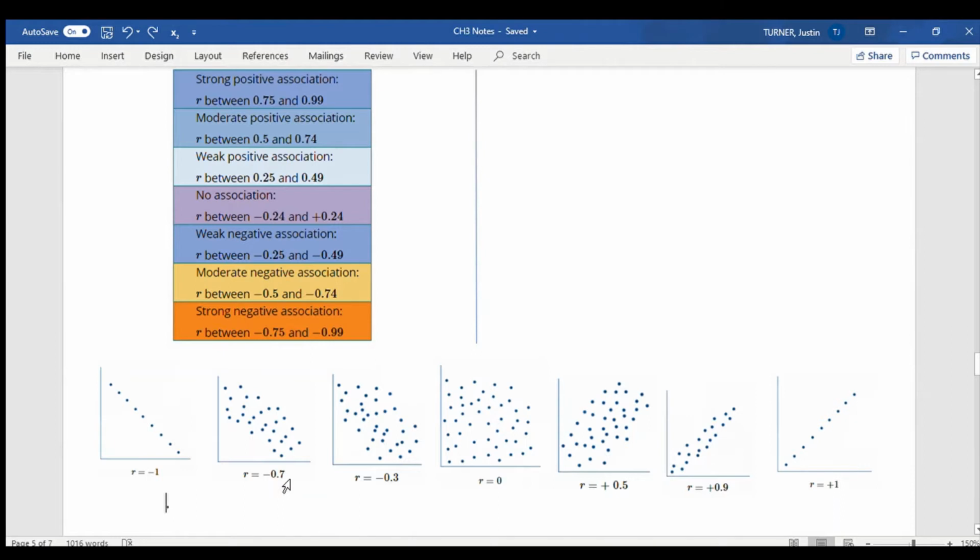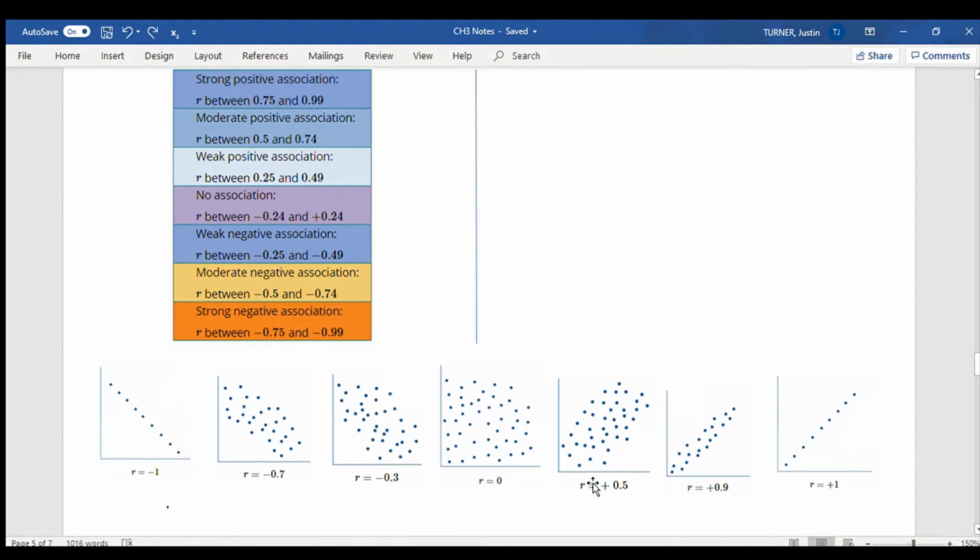R is -0.7. So we're not quite at 1, but it's still a fairly strong or moderate negative association. As we get closer to 0, we can see the values are getting more and more spread out. And then at R equals 0, this is no association whatsoever. So there's no clear pattern going on here.